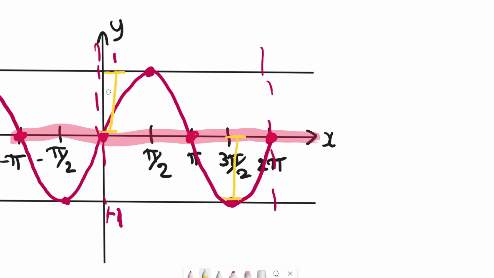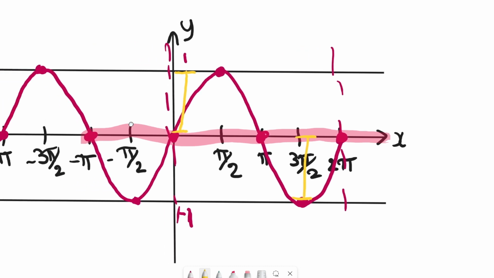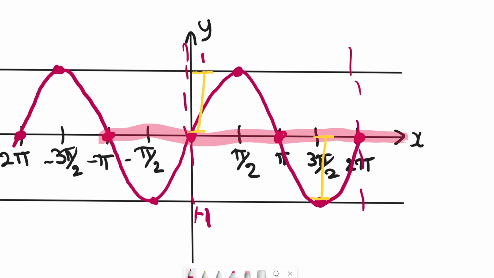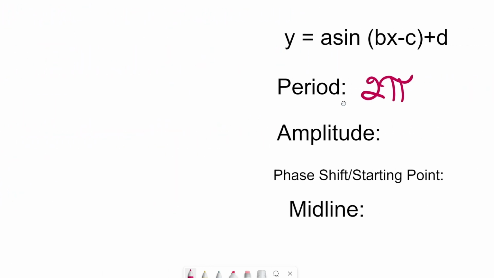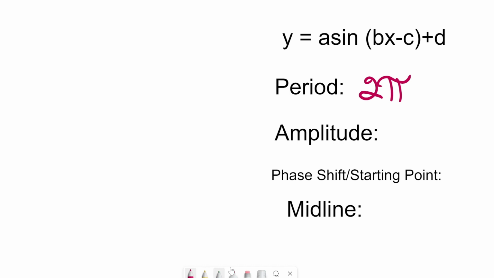And so notice that for the regular or the basic sine graph, so this is just the graph of sine x. I'll just write this here so we can be clear. Sine x, this is just a basic sine x graph. And so for a standard sine x graph, the amplitude is going to be 1. If you saw there, the top of the graph is 1 and the bottom is negative 1. And so the amplitude is going to be 1. Okay.